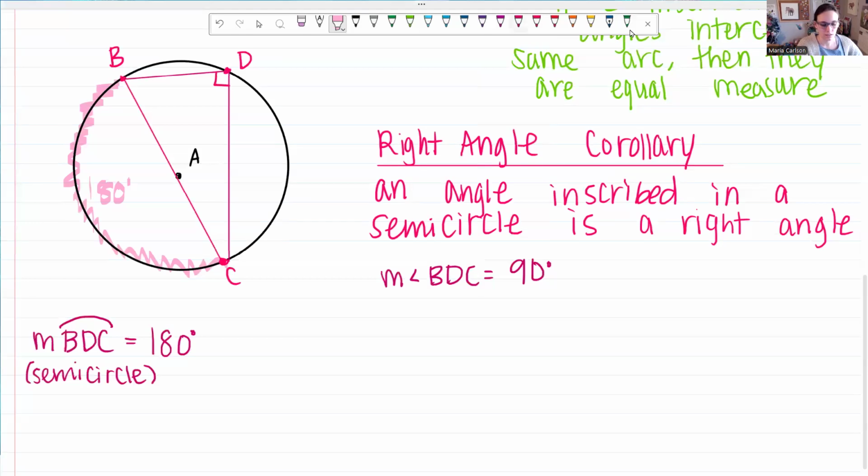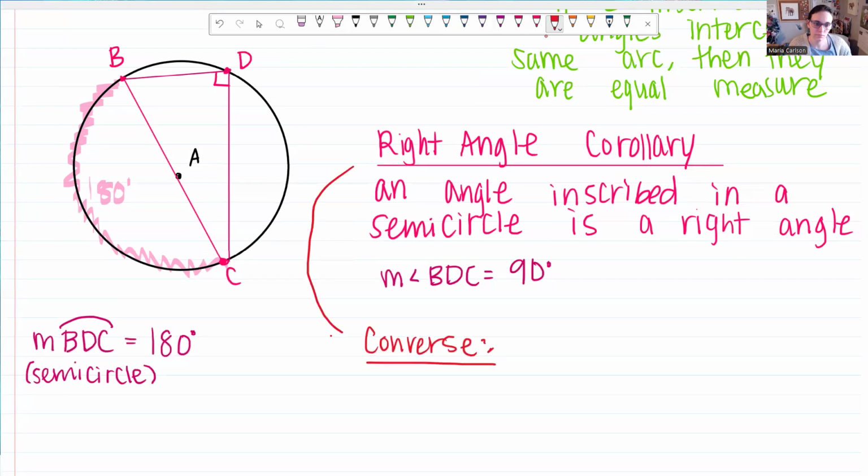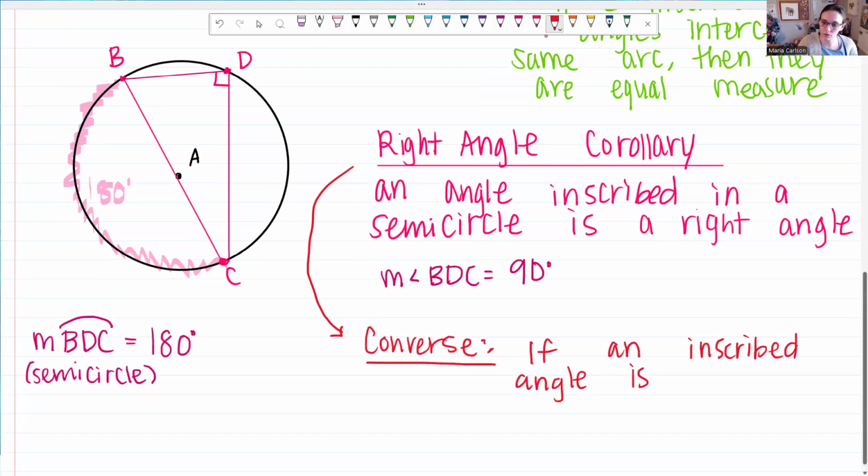All right. And then the converse of this: if an inscribed angle is a right angle, then its intercepted arc is a semicircle.